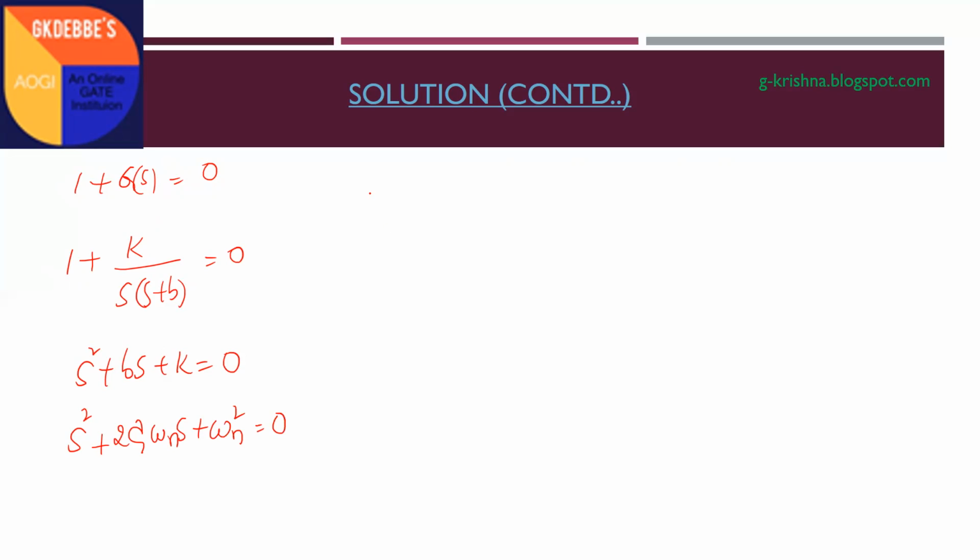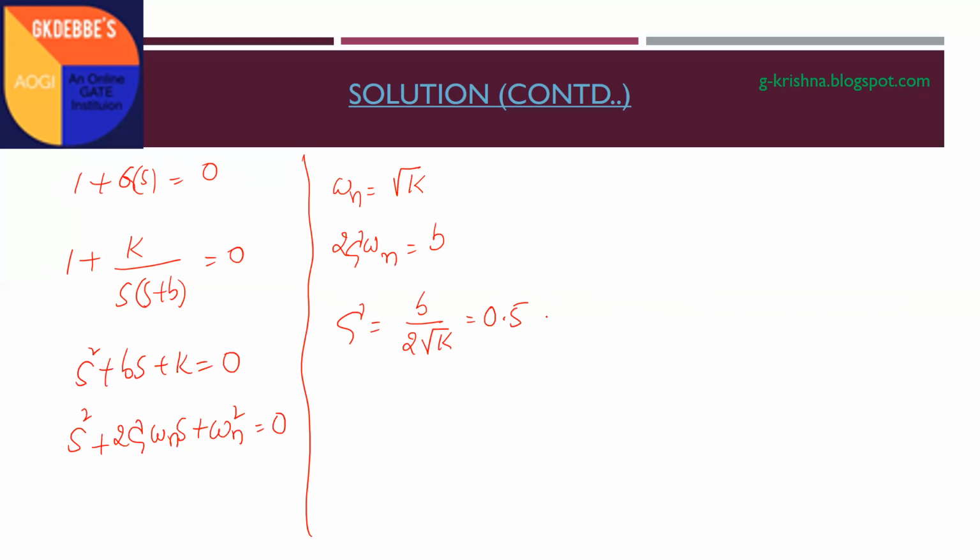If you compare it, omega n is root K, and 2 zeta omega n is b. From here, the damping ratio is b / (2 root K), which they have given as 0.5. Let it be equation number 1.